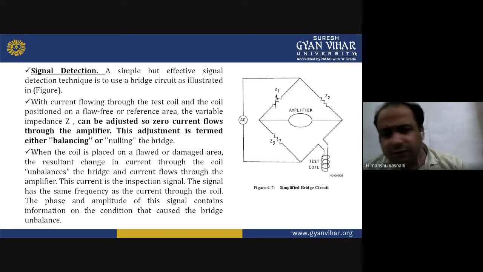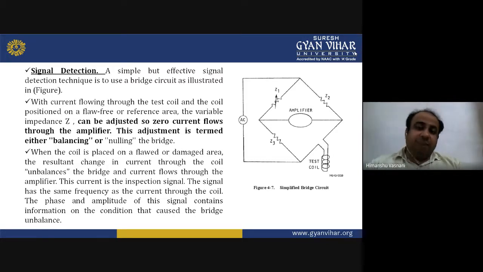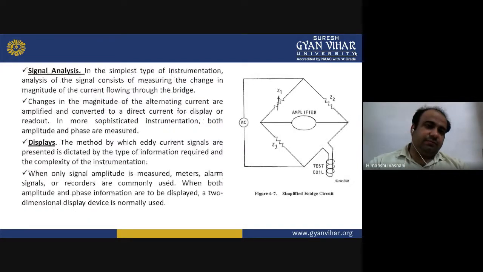This current is the inspection signal. The signal has the same frequency as the current through the coil. So the phase and the amplitude of this signal contain information on the condition that caused the bridge to become unbalanced.